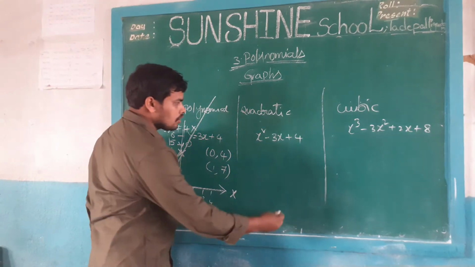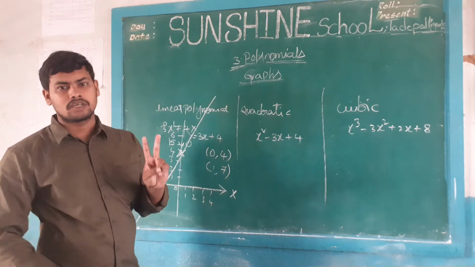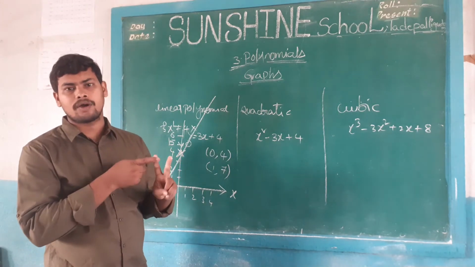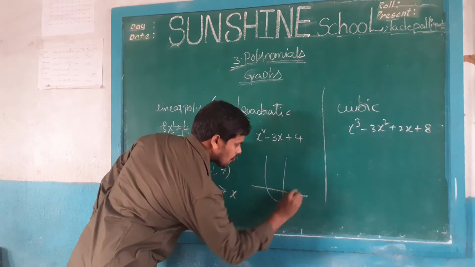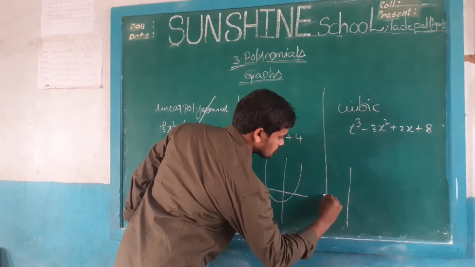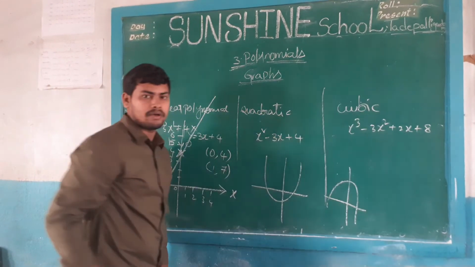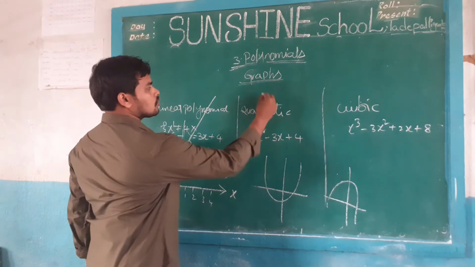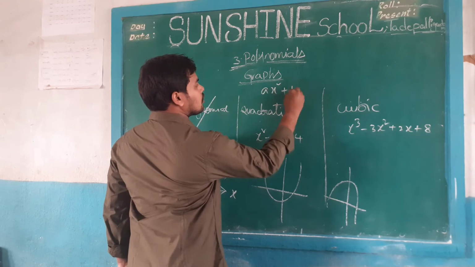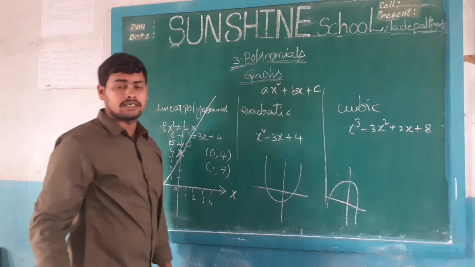Quadratic polynomial. In a quadratic polynomial, there are 2 types of parabola: upward parabola and downward parabola. These 2 parabolas are mainly based on ax square plus bx plus c.